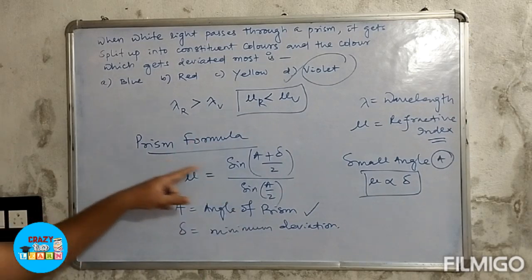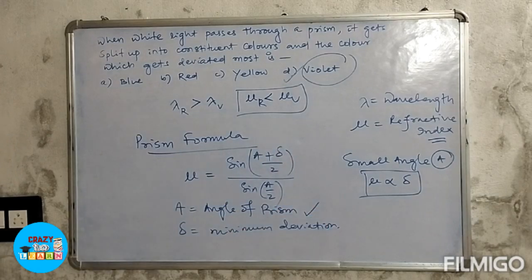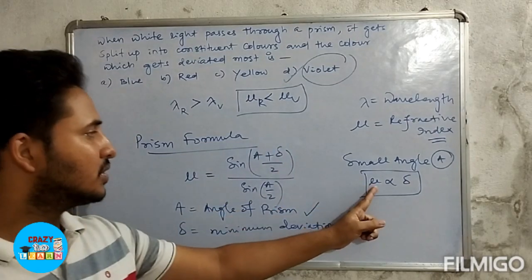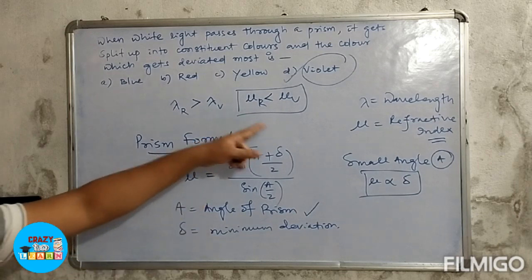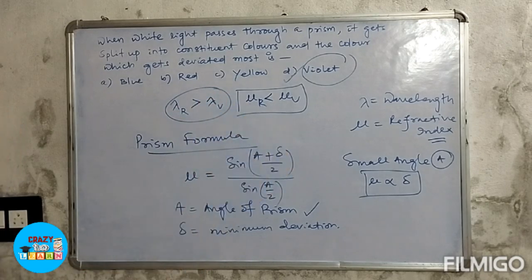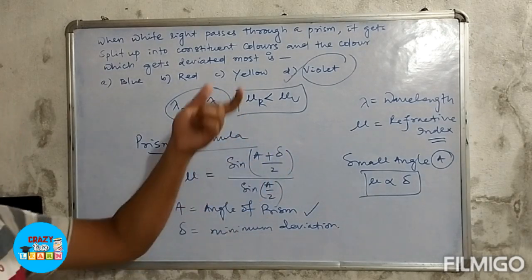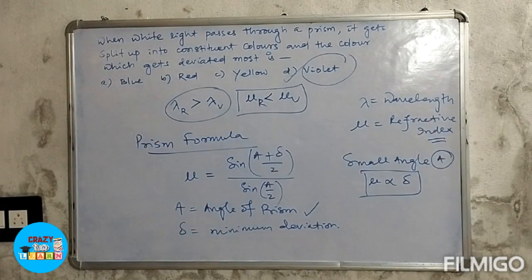From this formula, for small angle A, you can derive the relation that the refractive index mu is directly proportional to del. I already explained that when it is directly proportional, we put the same sign for both of them. If one increases, the second also increases, and if one decreases, the second also decreases.